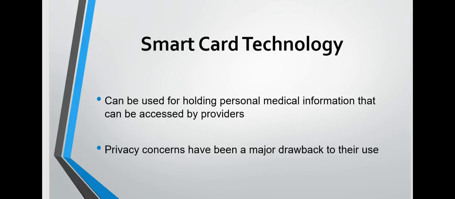It can be used for holding personal medical information that can be accessed by your provider. So, if you go in to see a new doctor and maybe you don't know your medical history very accurately, you have your smart card that has that information. Privacy concerns have been a major drawback with the use of smart cards, though.